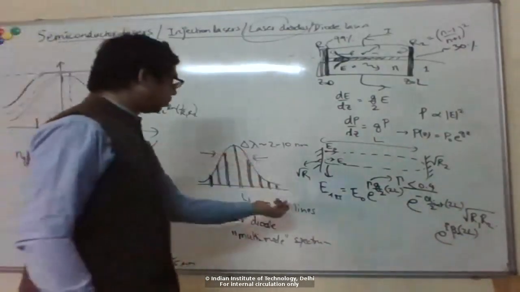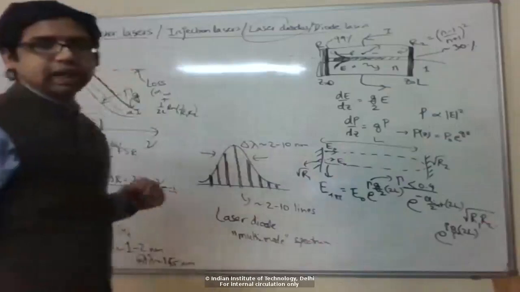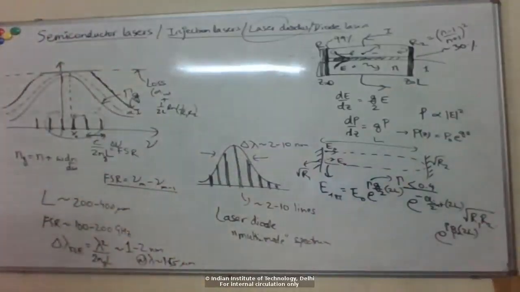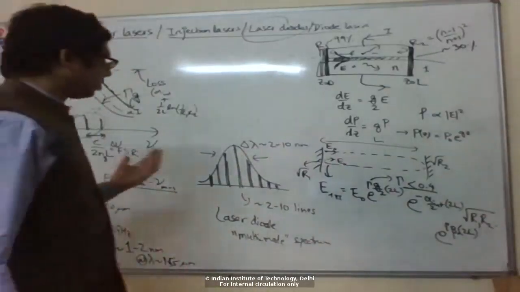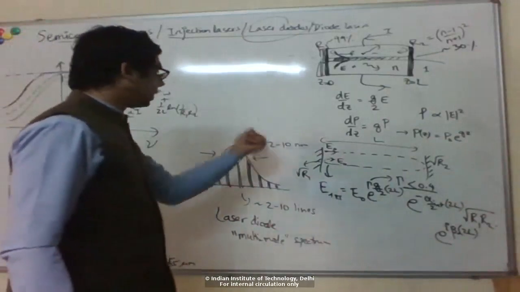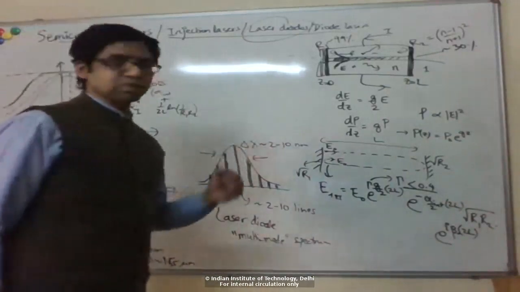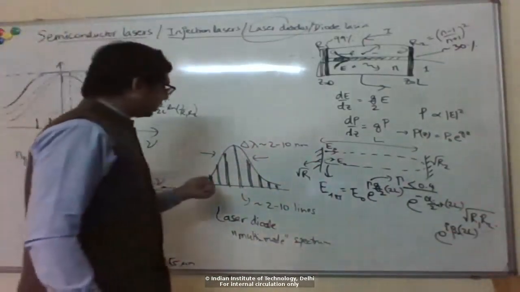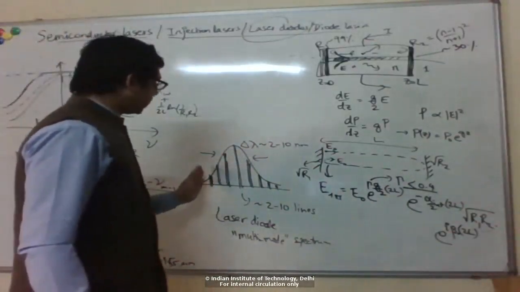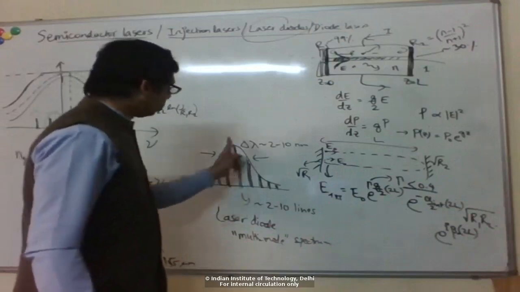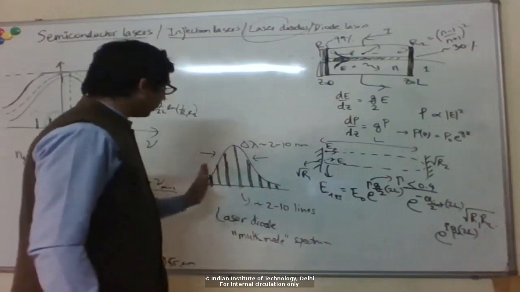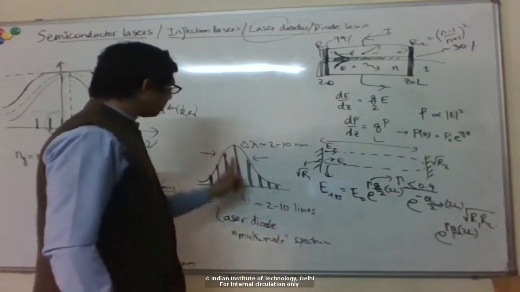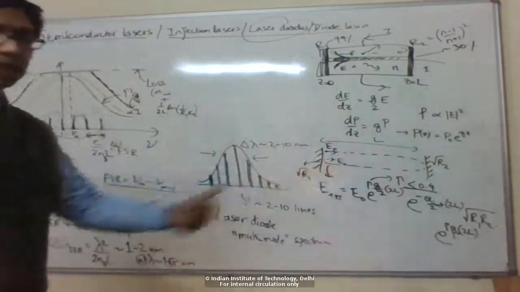These are already a very big improvement over LEDs, but we saw that the performance of the communication system could still be limited for these source bandwidths. So what you want finally is to have only one of these. Instead of multiple frequencies, you only have one particular frequency. That is your ideal laser.